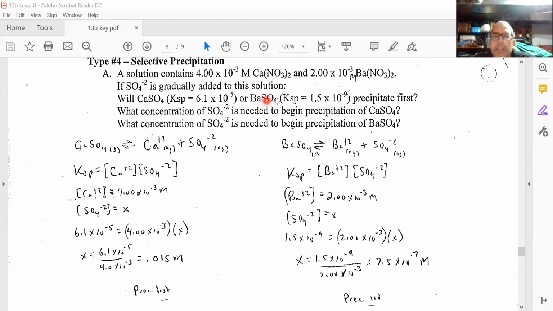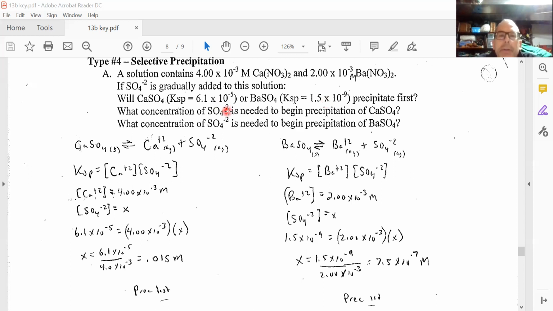So my guess is that the KSP is the determiner, and the barium sulfate would precipitate first. If this were multiple choice, I'd be very confident with that answer. But I'm going to calculate each one, because you're frequently asked to quantify this, not just make a qualitative prediction.